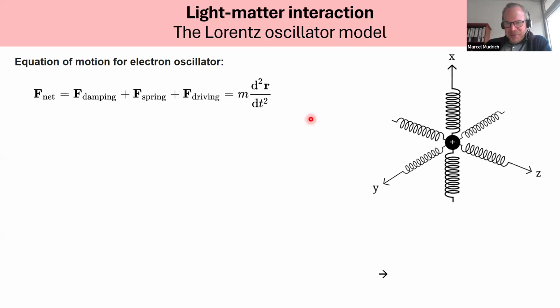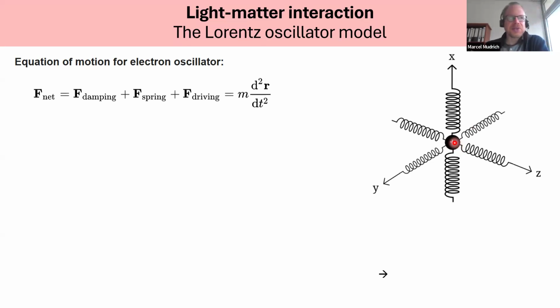It's essentially just a classical harmonic oscillator, which, to make it realistic, is a three-dimensional harmonic oscillator to describe one single electron bound in an atom that is driven by a light field, by an electromagnetic wave. Right? That's the simplest possible model assumption we can make.